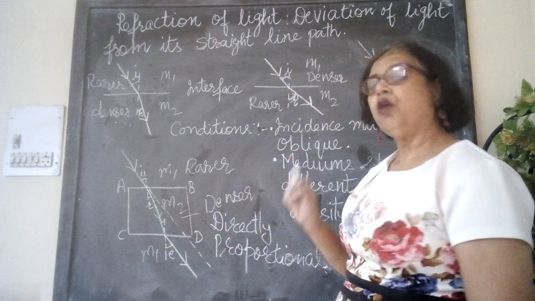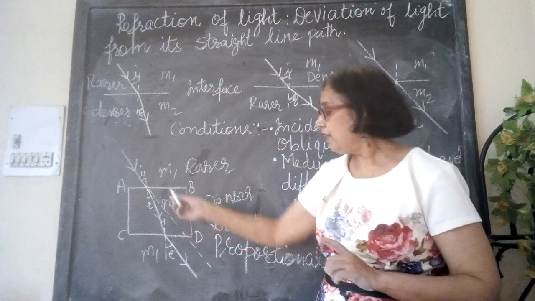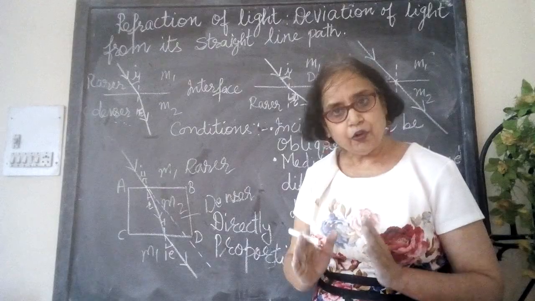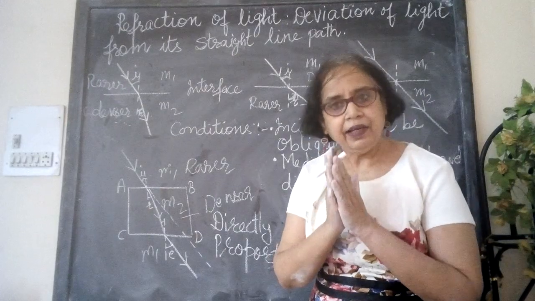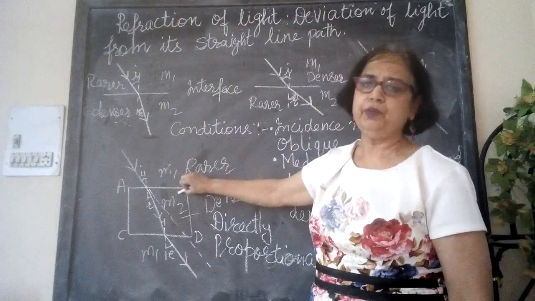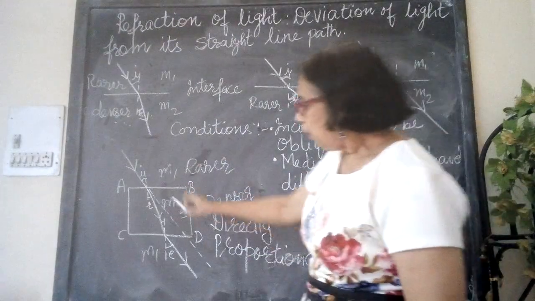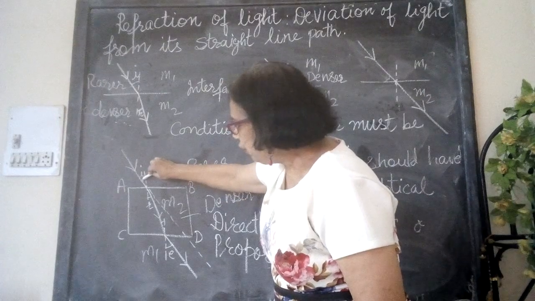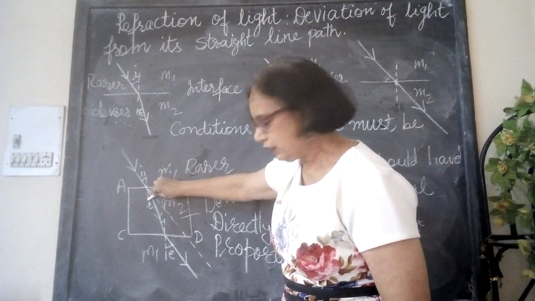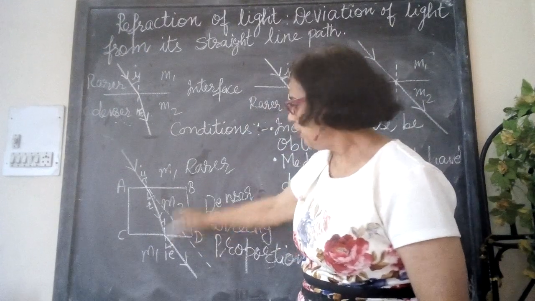Here you also have to keep one thing in mind, that refraction is a surface phenomenon. Okay? Refraction only takes place at the interface where there is separation of the two media. Now this is the angle of incidence, this is the angle of refraction and this is the angle of emergence.